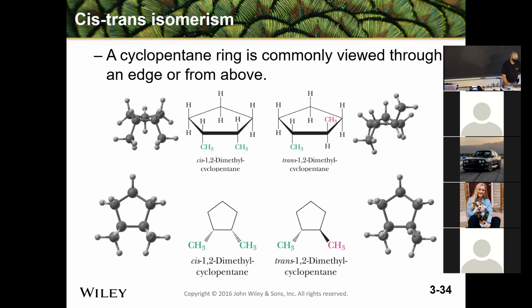You could also represent these two isomers this way. There's a hydrogen on each one of these that's omitted for clarity. The cis has both methyls either going back or both coming forward. The trans has one back and one forward. These are different compounds. They have different melting points and boiling points and so on. These are called geometric or cis-trans isomers.